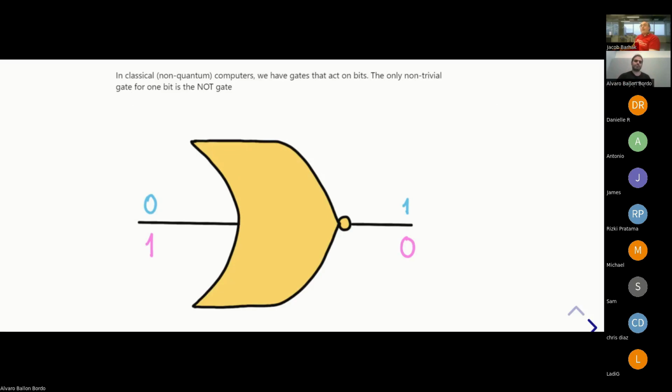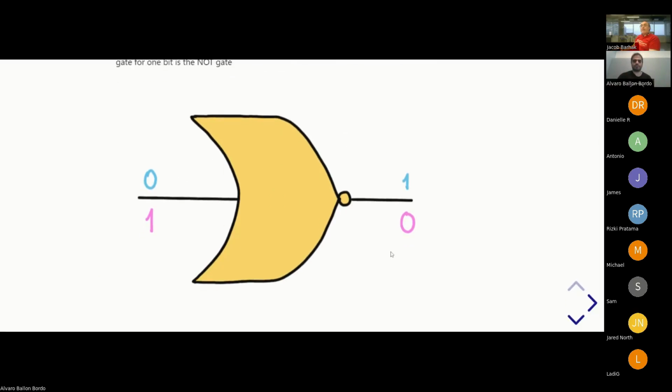The NOT gate basically just turns a bit 0 into a bit 1, and a bit 1 into a bit 0. We only have zeros and 1. The only other gate possible would take 0 to 0, 1 to 1, but that does nothing, so that is not considered for us a gate. So this is what we can do classically if we only have one bit. The only thing that we can do.